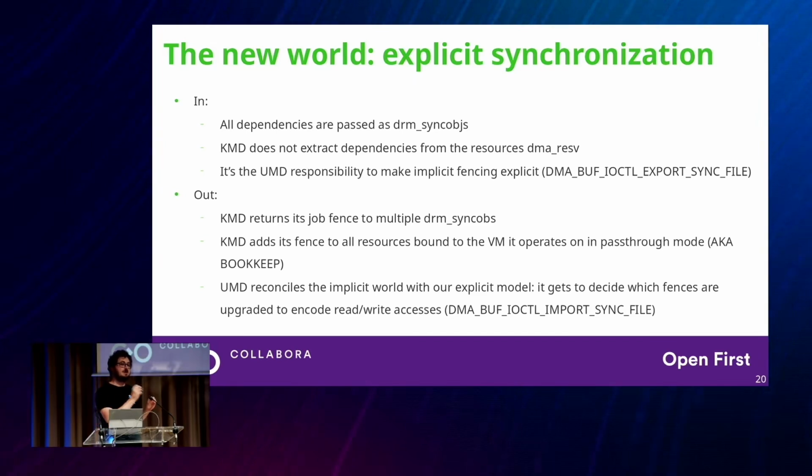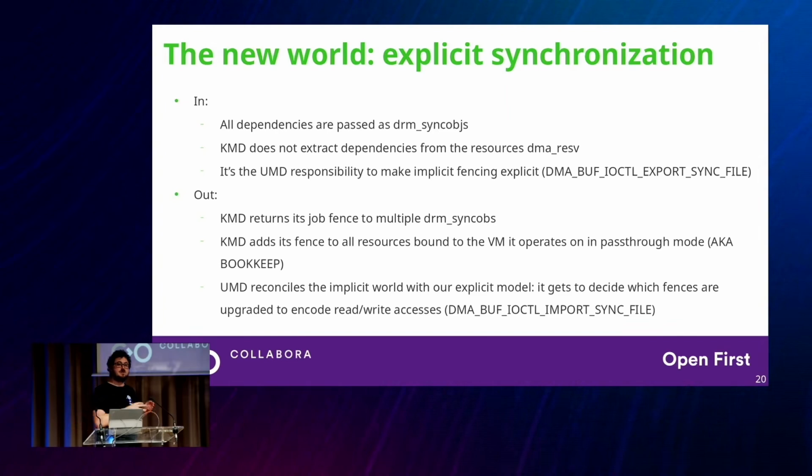So basically, when you have a job that's targeting a specific VM context, it means that any buffer object inside this VM might be accessed. But in practice, only a few of them will be accessed. So we're leaving an opportunity to the user mode driver to say, okay, potentially I'm going to access everything, but in reality, the user mode driver knows that it's just going to access this one and this one. So there's no point saying that I'm going to read or write every buffer that exists in the VM.